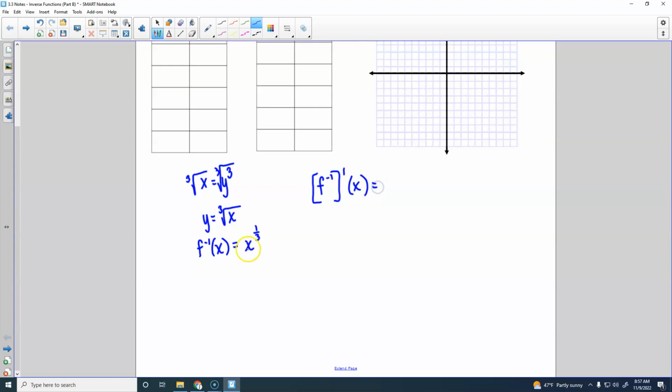So if I take the derivative of this, I would have 1/3 x to the negative 2/3, which, since I'm going to plug a number into, I think I'll turn this back into 1/3 x to the 2/3, which is 1/3 cube root of x squared.